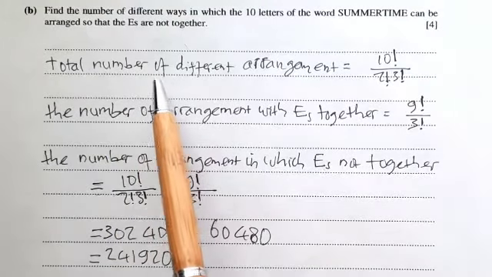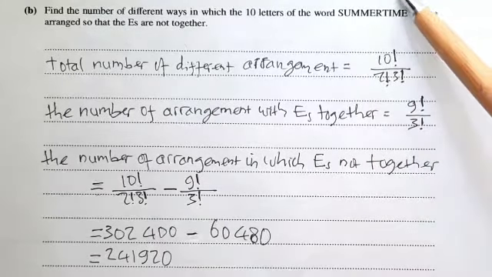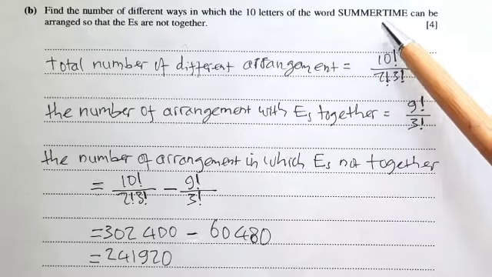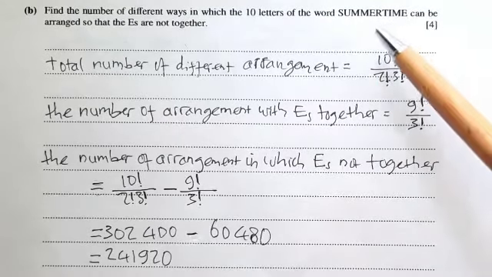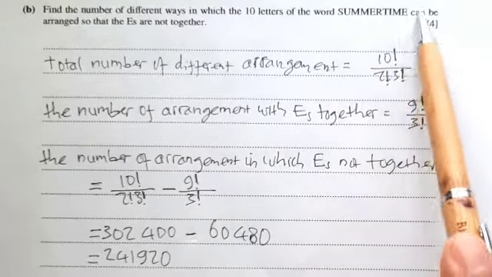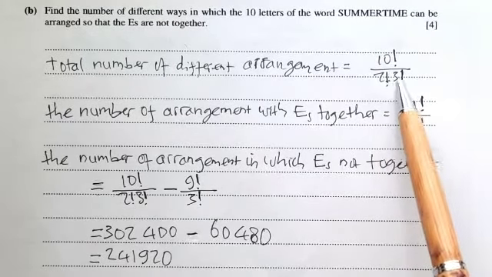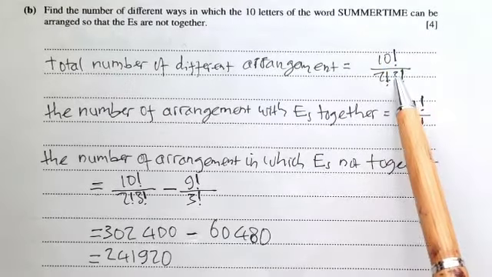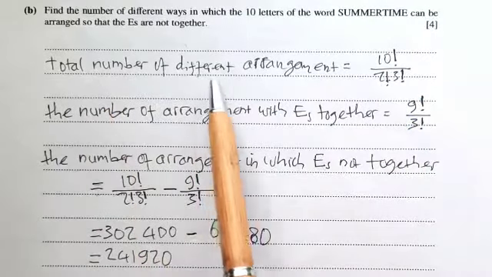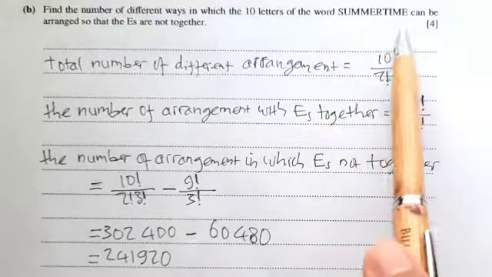The number of distinct permutations of 10 letters, of which 2 E's and 3 M's are identical to each other, is 10 factorial divided by 2 factorial times 3 factorial. 2 factorial because there are 2 E's, and 3 factorial because there are 3 M's. That is the total number of different arrangements of the letters in summertime.